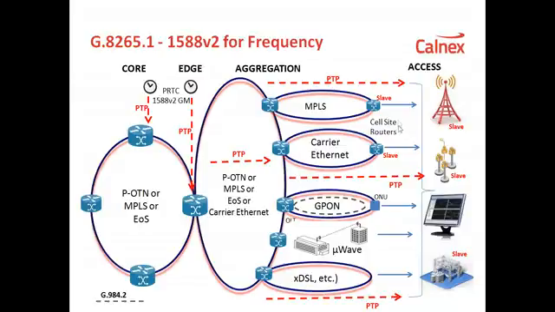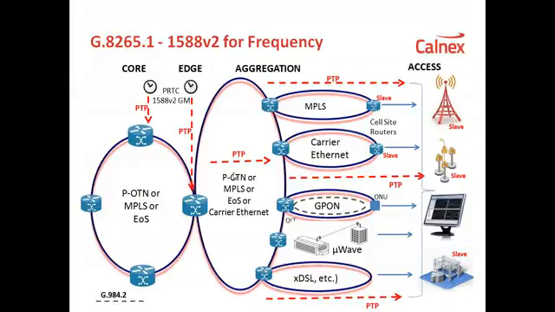So this is fundamentally an end-to-end 1588 deployment where there is a grandmaster, no 1588 support in between, and 1588 support in the slave clock right at the end of the network. Now 1588 in these networks can be delivered through a variety of technologies. The core could be an MPLS core, or it could be OTN or Ethernet over SDH.